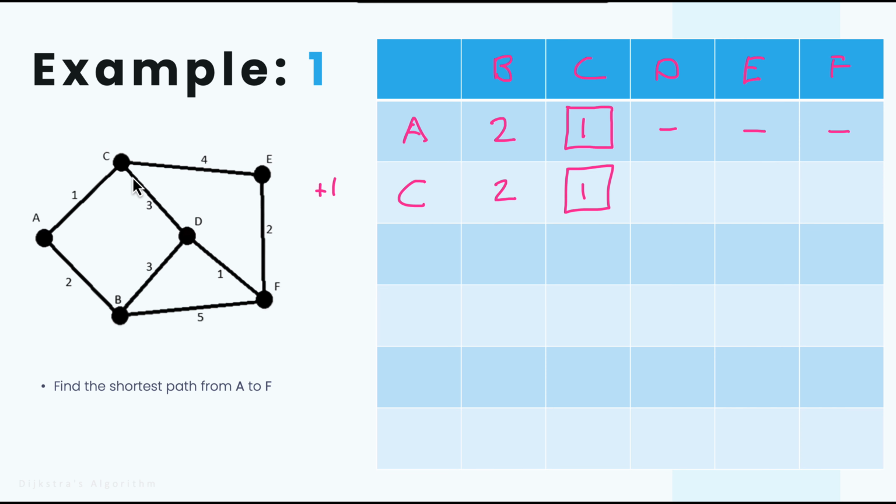Now moving on, C to D, we can see that the distance is 3 plus 1 will give us 4. Then we have C to E, which is 4 plus 1, which will give us 5. And C to F, there is no direct path and there is no previous value, so we just have to leave it for now.